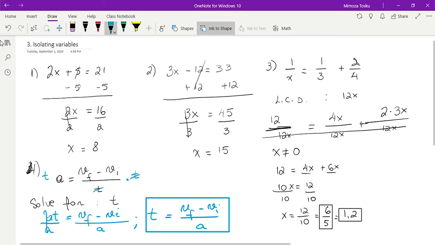So in this case, we are dealing with literal equations, which will be a different lesson, a short lesson as well.